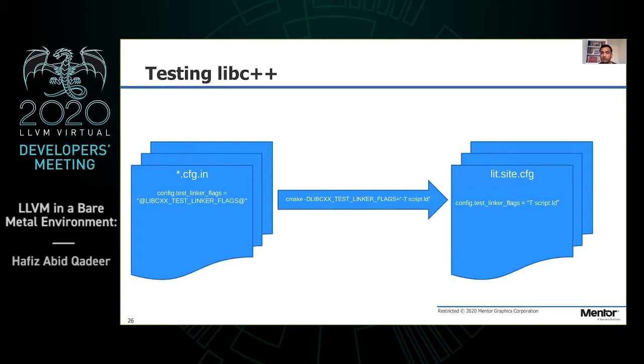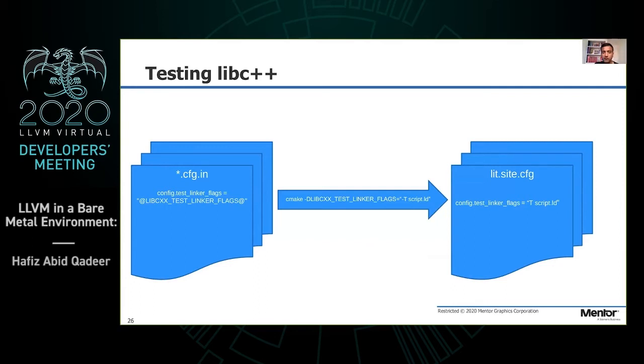When the user runs CMake, giving it the values of some of these variables, then CMake does its stuff, and it generates this lit.site.cfg file, which will have the correct values of these variables as passed by the user. Some values of these variables could be inferred by CMake, or there are default values present for some of the variables.